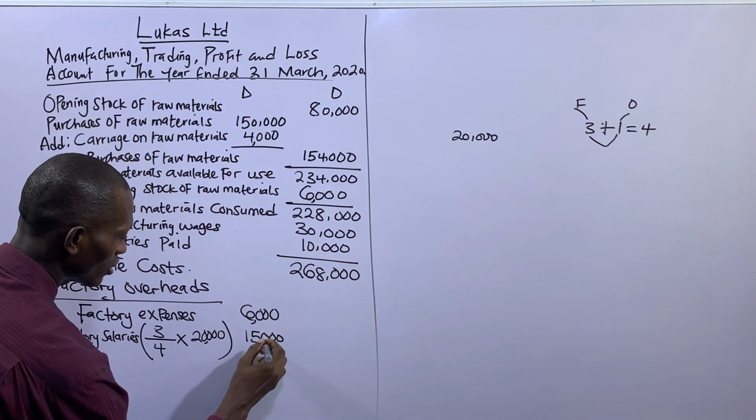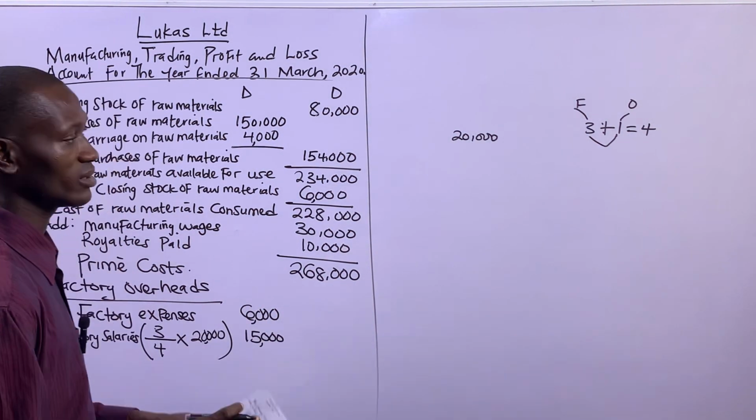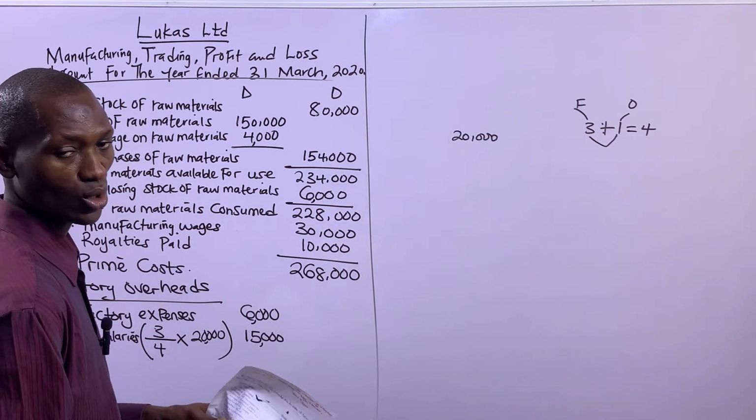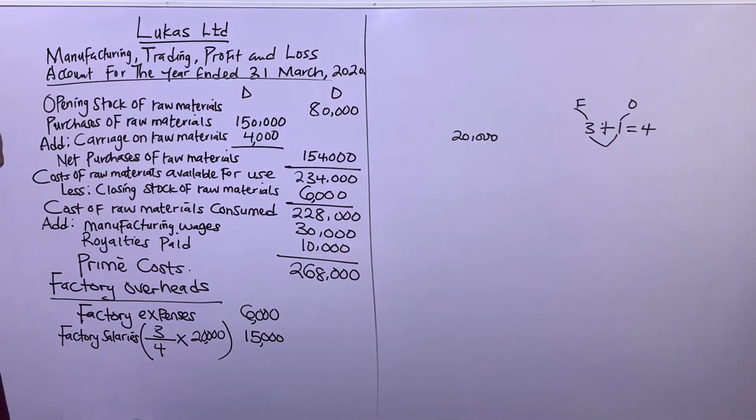So 15,000 of the salary is apportioned to factory.